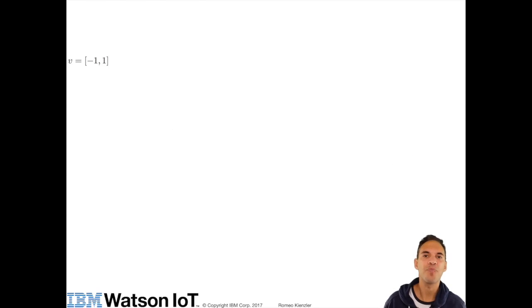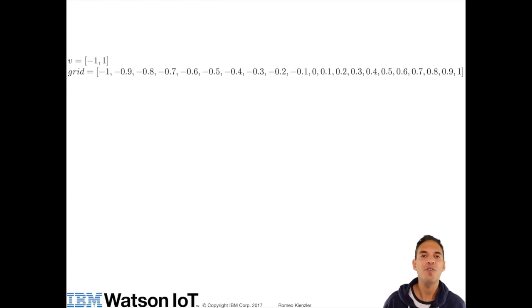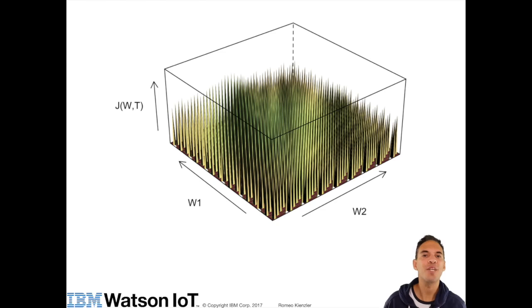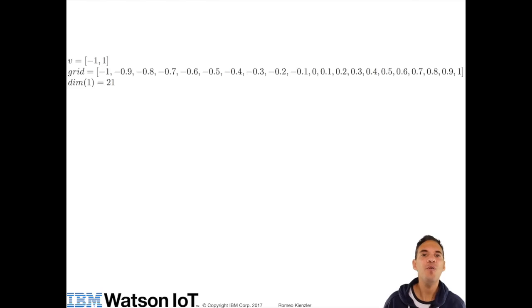Now imagine that each individual scalar weight can be assigned to a value between -1 and 1. Now we create a grid over this continuous range with a step size of 0.1. So this basically forms a grid, therefore the method is called grid search. And now imagine we have only a single scalar weight value to optimize over.